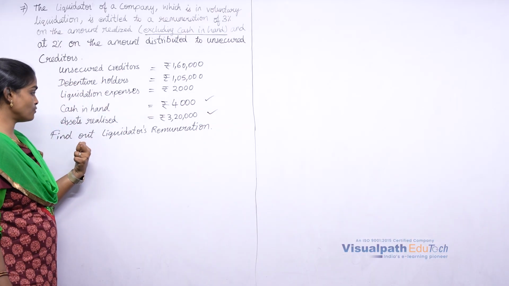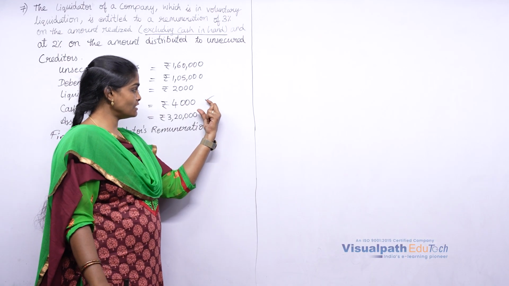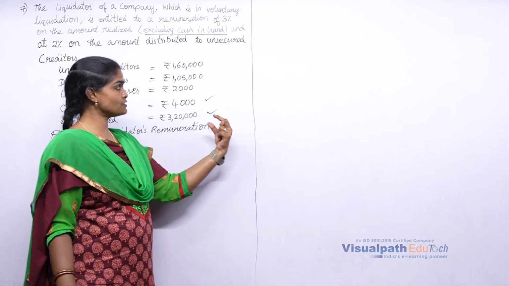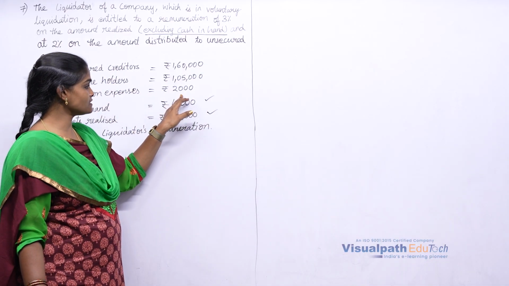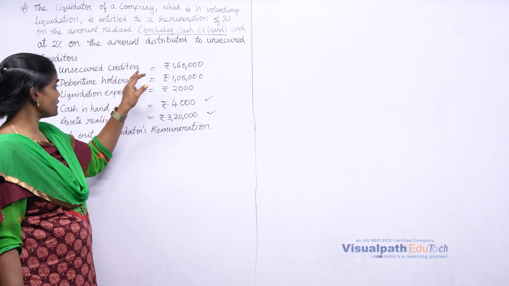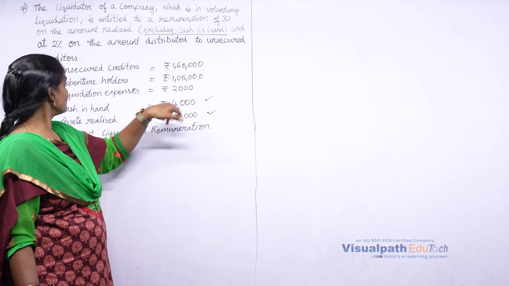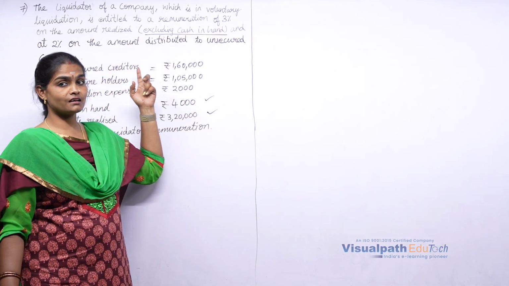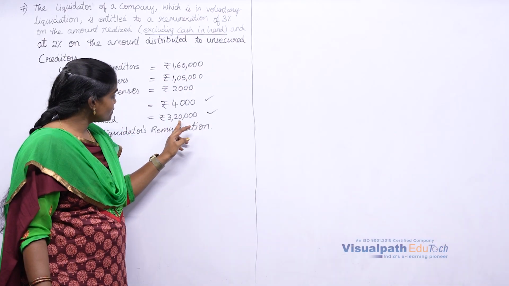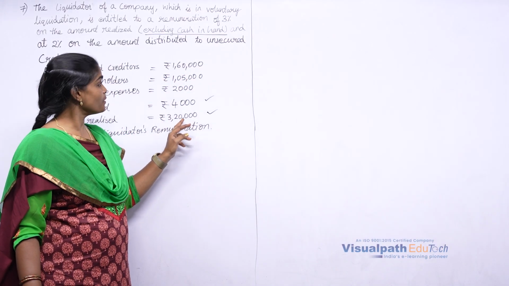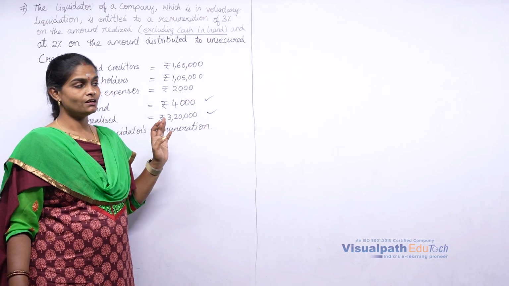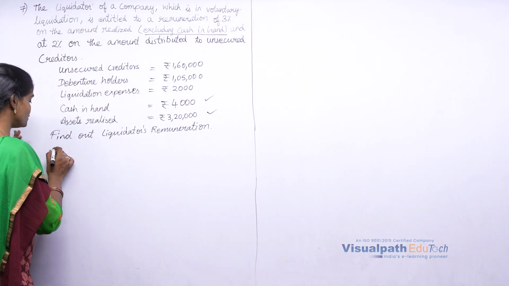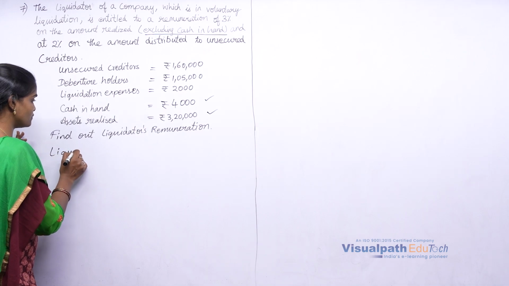Now find out liquidator's remuneration. With the amount available, we first pay liquidator's remuneration, then we deduct liquidation expenses, then the debenture holders 1,05,000, then finally we pay unsecured creditors. Will we have a sufficient amount to pay unsecured creditors or not? That we have to check. Then we calculate the liquidator's remuneration.